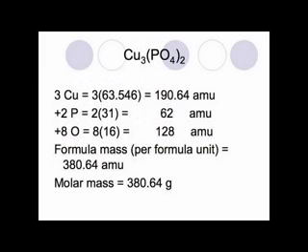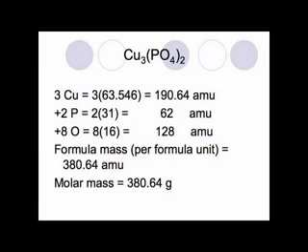Next, we'll find the formula and molar masses of copper(II) phosphate. Here we have 3 coppers, and again we'll do formula mass first. So we have 3 times 63.546 atomic mass units, which gives us 190.64 atomic mass units. Because there's more than one phosphate ion, we put it in parentheses with the subscript 2 outside it to show that there are 2 of these.